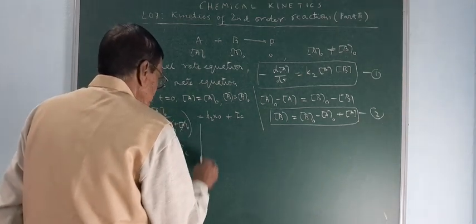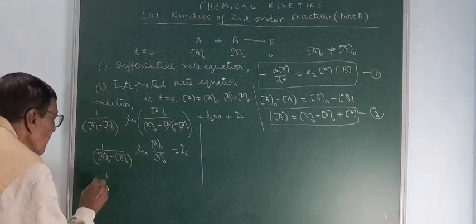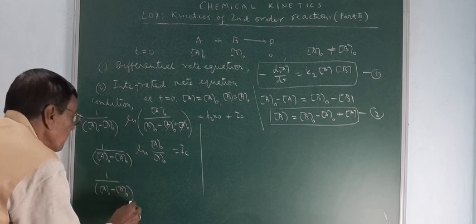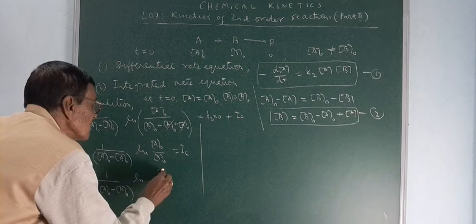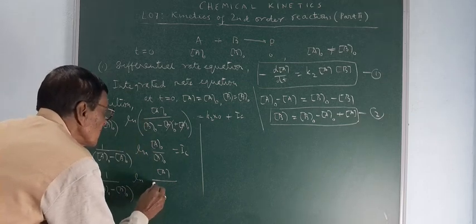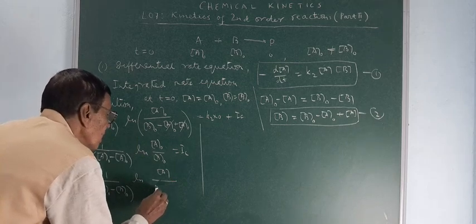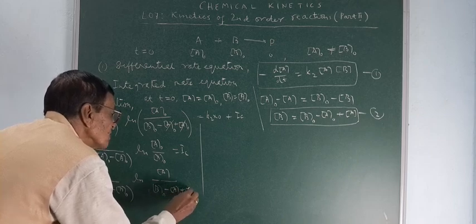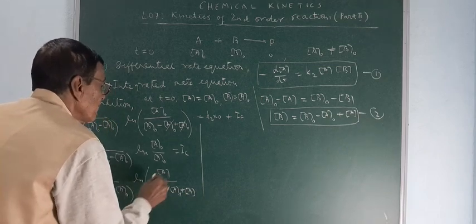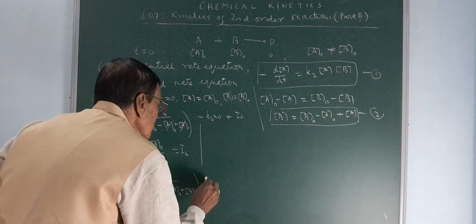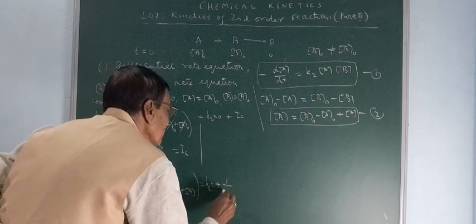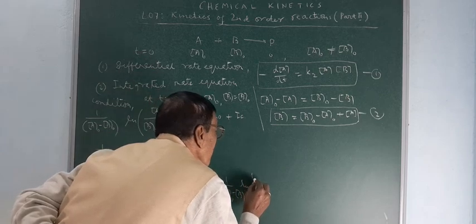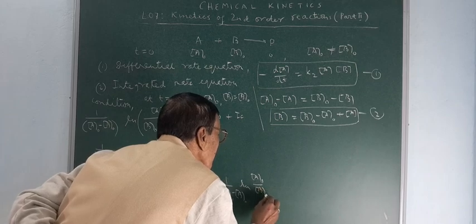So the integrated rate equation: 1 by (concentration of A naught minus concentration of B naught) ln concentration of A divided by (concentration of B naught minus concentration of A naught plus concentration of A) equal to K2 t plus 1 by (concentration of A naught minus concentration of B naught) into ln A naught by B naught.